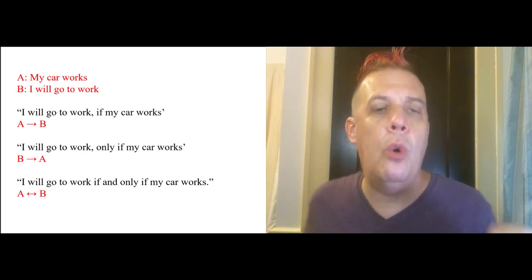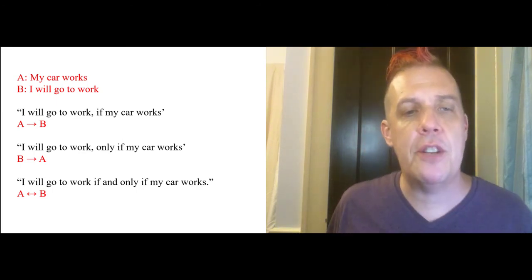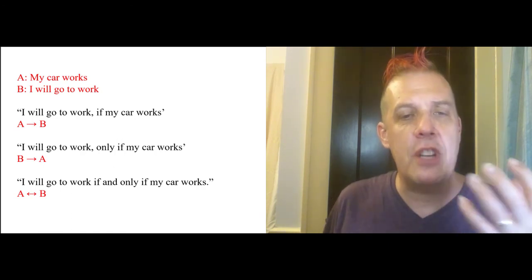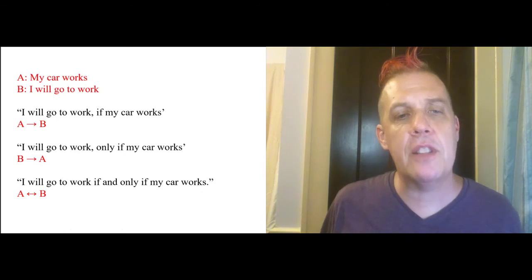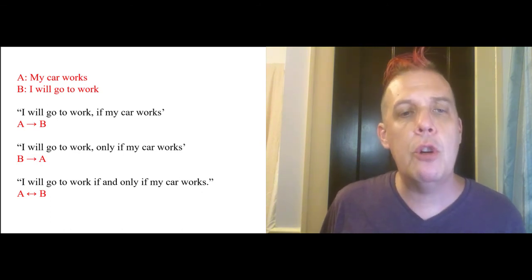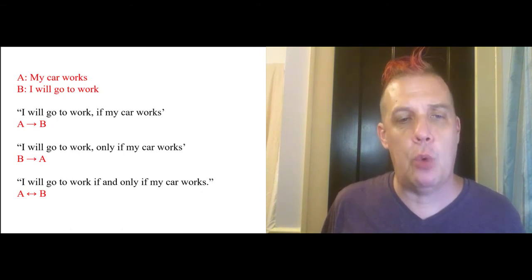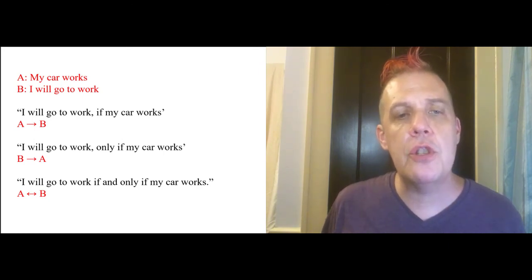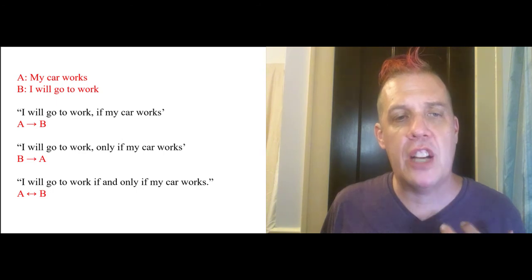The word only is really special. If you think about the meaning, what you're saying here is that there's exactly one way something is going to happen. I will go to work only if my car works. Now suddenly that reverses the direction of the conditional.